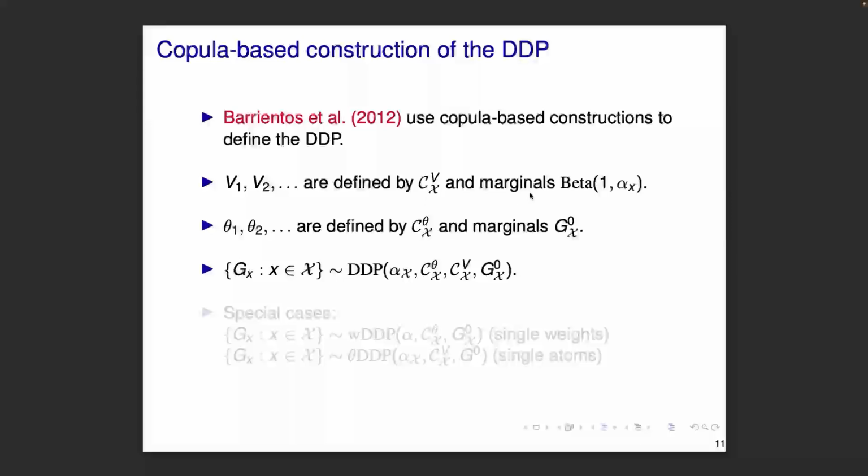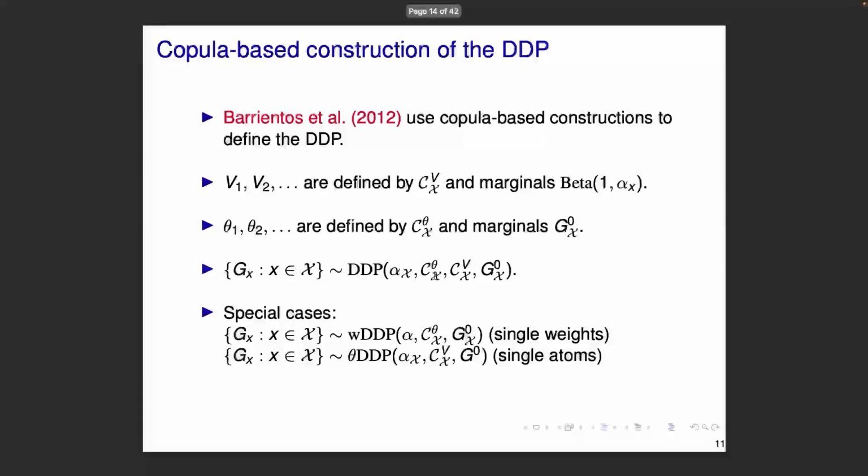And of course, we need to ensure that the marginals are beta(1, alpha_x), where now the parameter can be indexed by x. And we can do something similar for the atoms. Under this formulation, we can think that the DDP is parameterized by this collection of precision parameters, base measures, and the copulas for the dependence.